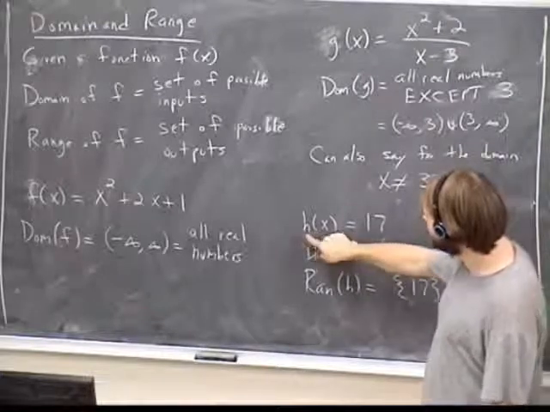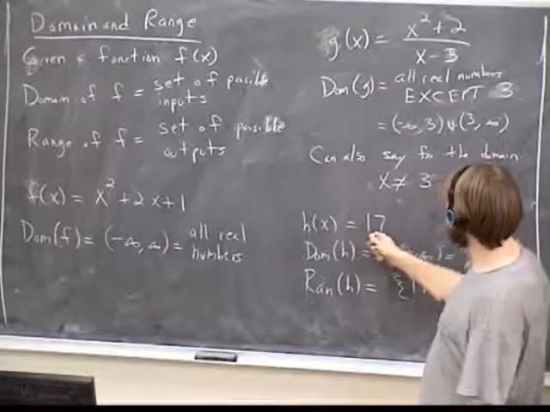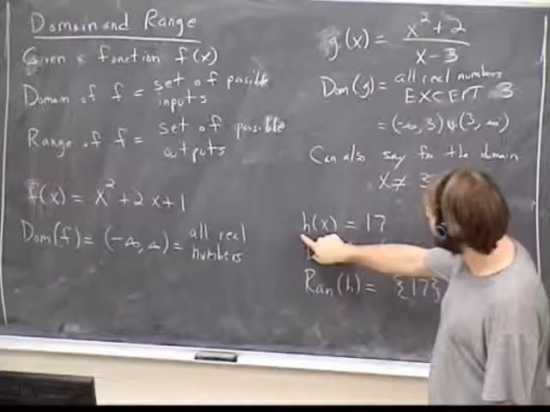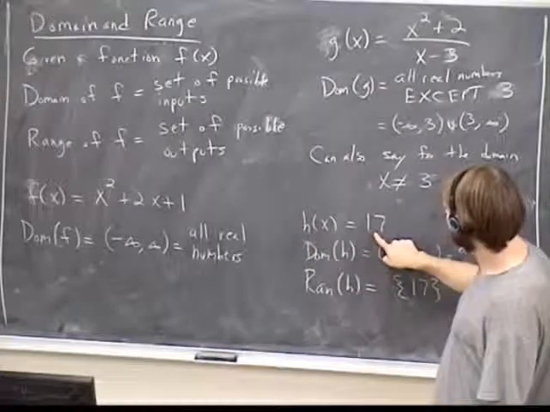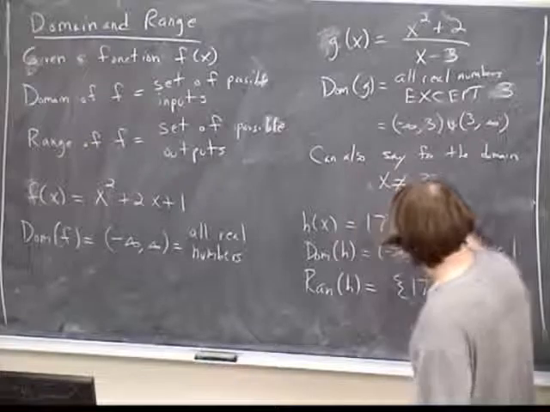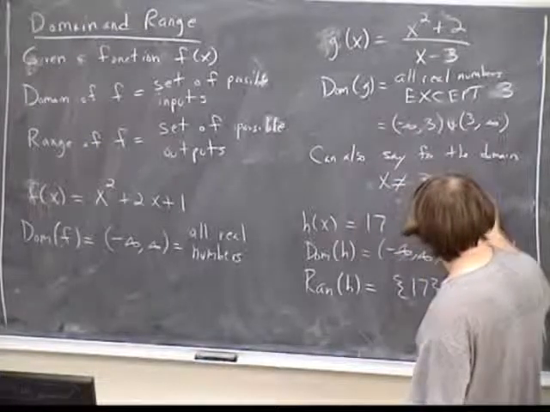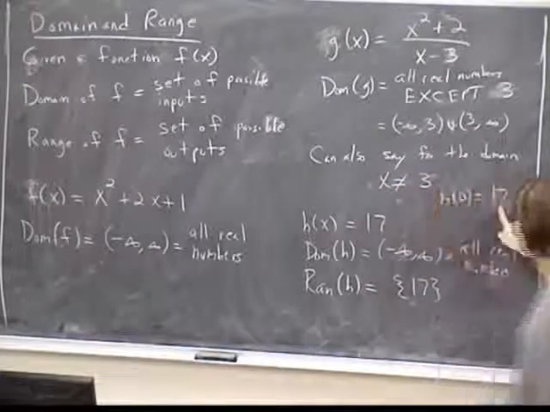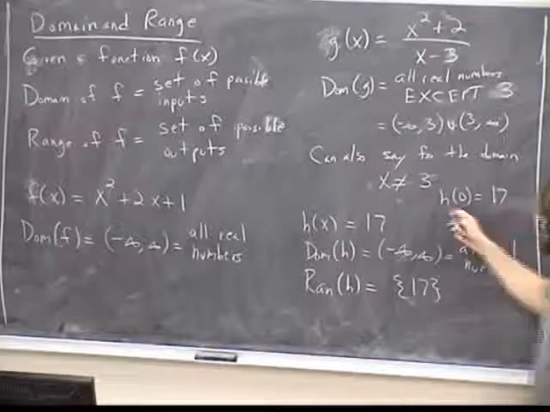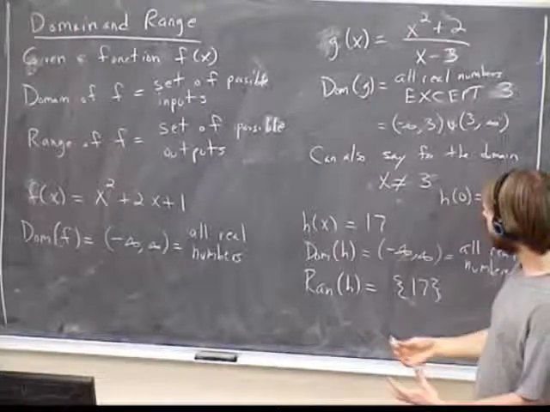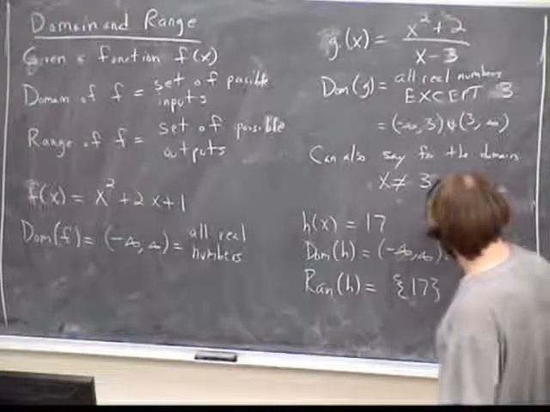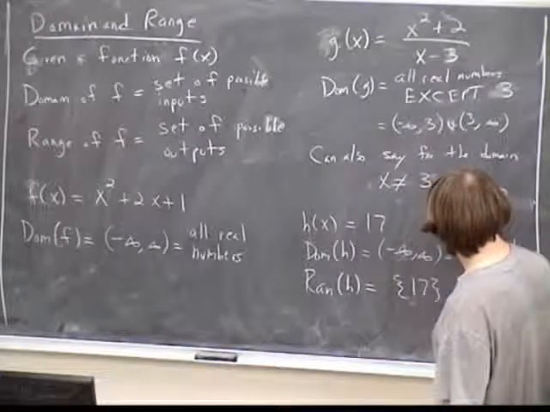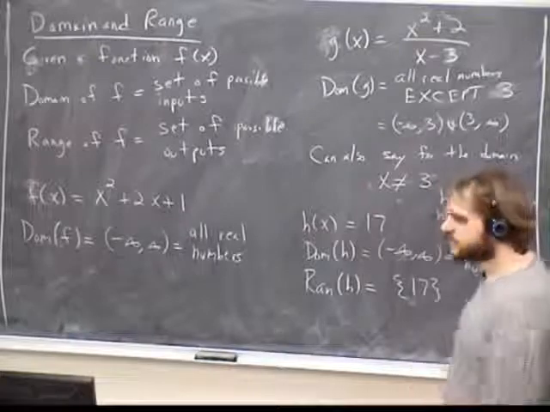So h of 0 is 17, because when we hand h the number 0, the output it gives us back is just 17. The same thing for h of 2000. That's also equal to 17.